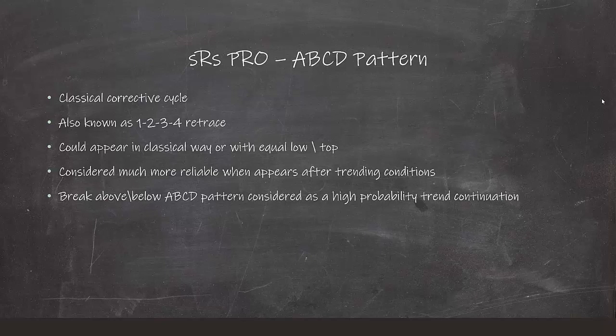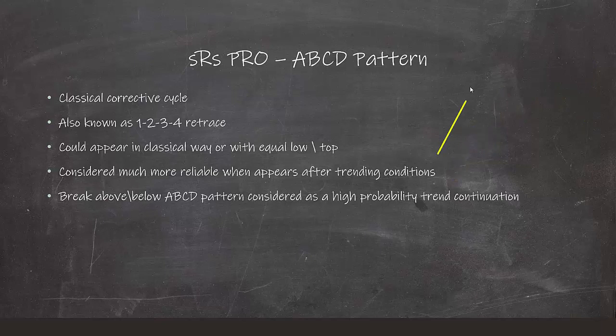It is considered much more reliable when it appears after trending conditions. Meaning, if you see one move and then ABCD, it doesn't tell a lot. But if you see trending conditions and then ABCD, it will have much more value for you and much more probability to trade.